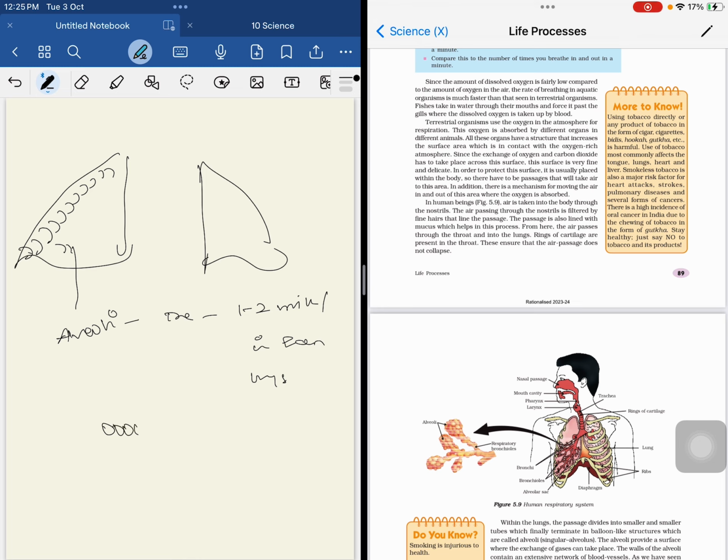Alveoli are arranged in circular structures to increase surface area for gaseous exchange.